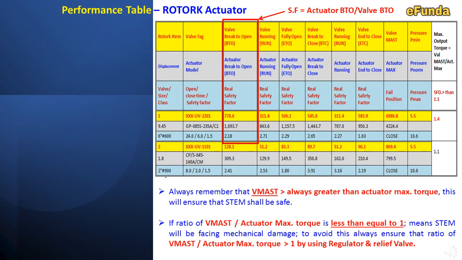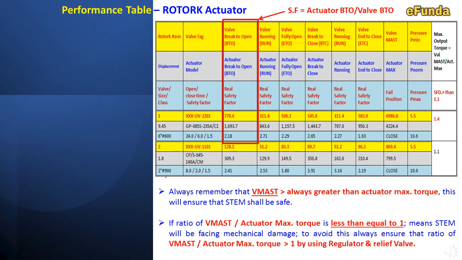Always remember that valve MAST is always greater than the actuator max torque value. This will ensure that your valve stem shall be safe. If the ratio of valve MAST to actuator max torque is less than or equal to 1, your valve stem will face some mechanical damage.